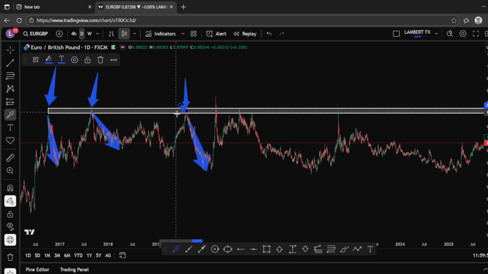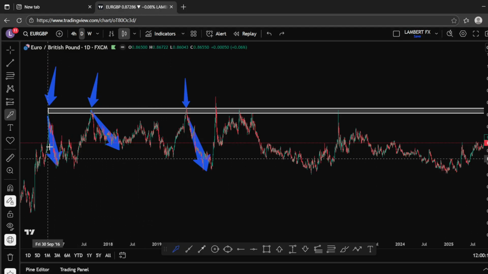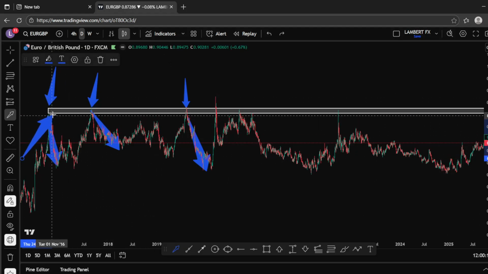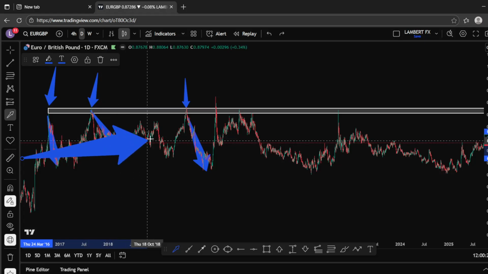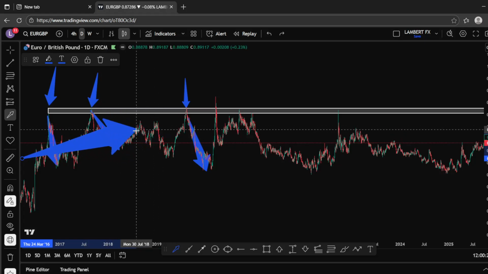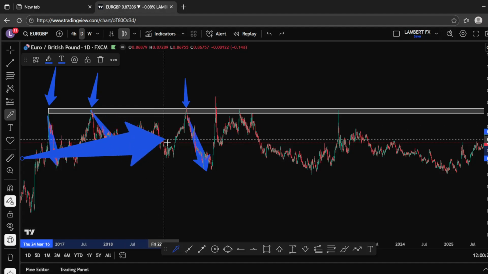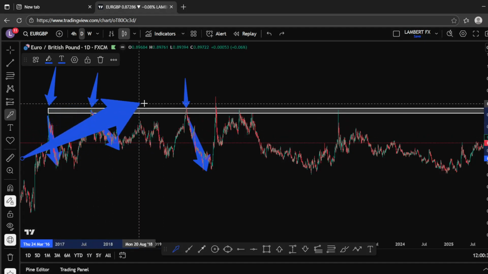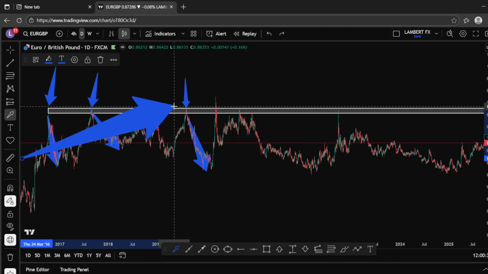Worst case scenario, your stop loss will be at break even right there. If you had taken a short at the first rejection, the second rejection, or even at these supply zones, all your stops are going to be above that level for sure.